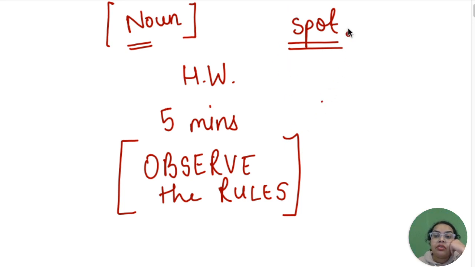You observe the rules by spotting all the nouns and how they are working with other words, how they are working in a sentence. Now, next day, when we do pronouns, when we do verbs, when we do conjunctions, whatever the topic is, whatever rules we do, you have to try to find them in any article, and you have to do this for 5 minutes. And that's the way you are supposed to revise the rules.